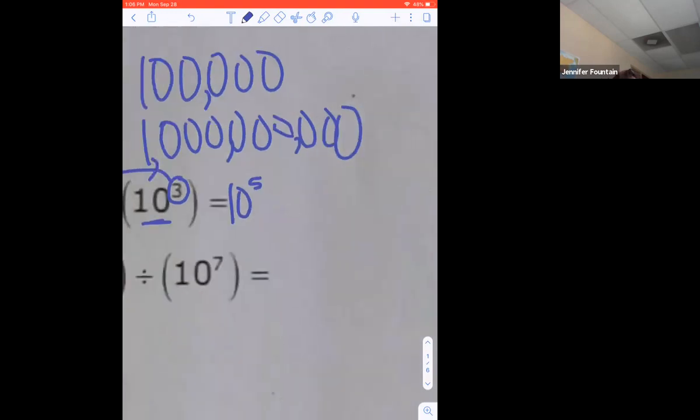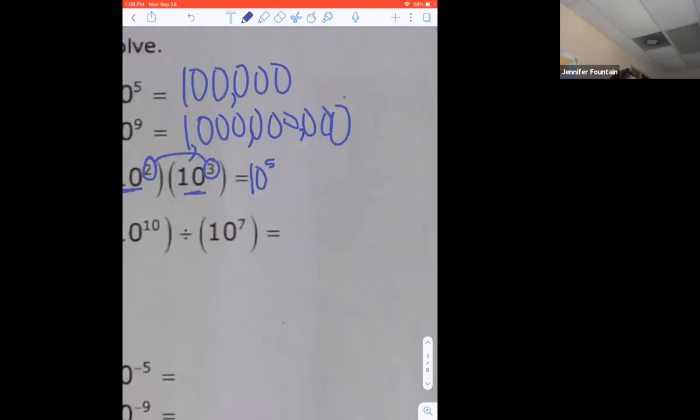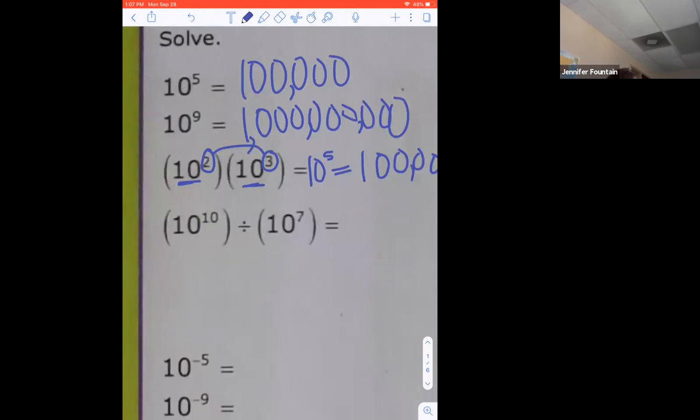So 10 to the 5th, now I can just write the 1 with 5 zeros. 1, 2, 3, 4, 5. Now, one of the things I could have done is written a 1 with 2 zeros and a 1 with 3 zeros and gotten 5 zeros also.